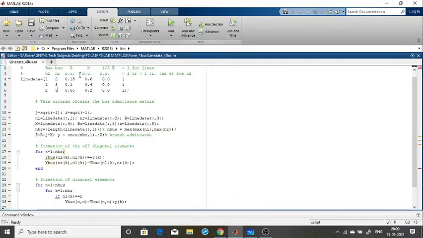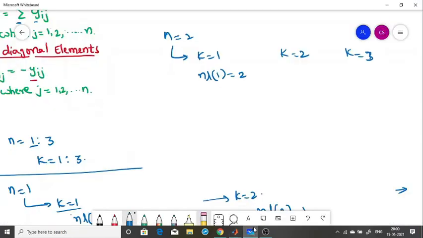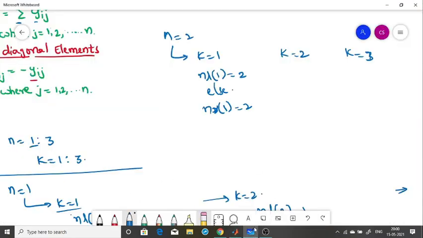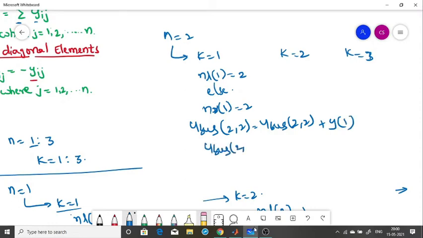Is NL of 1 equal to 2? No. And if it is else, it will verify whether NR of 1 is 2 or not. Yes, NR of 1 is equal to 2. Then it will calculate y bus of 2 comma 2 is equal to y bus of 2 comma 2 plus y of k. What is k? 1. Therefore y bus of 2 comma 2 is equal to y of 1.